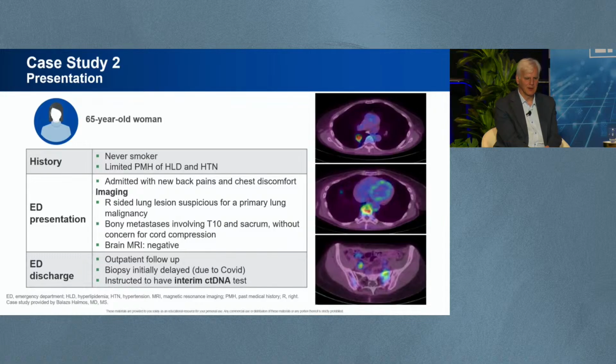So this is a lovely, lovely person who came into the emergency room with just some new back pains that never went away, and suddenly some chest discomfort. And in the emergency room, thinking that she had some cardiac issue or something, they did some scans, and the scans identified both, what you can see on the right side, that PET positive lung finding, later PET CT, and also what seemed to be high concern for bone metastasis of a likely primary lung cancer metastasizing to the bone in both the thoracic spine as well as the sacrum, as you can see.